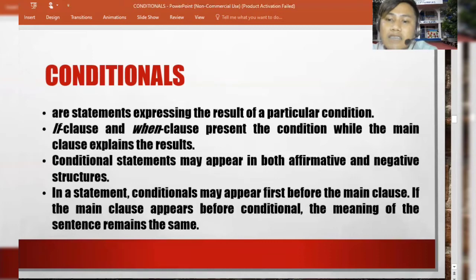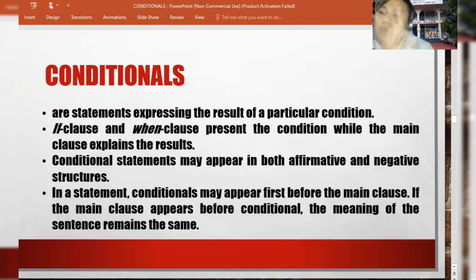Lastly, in a statement, conditionals may appear first, before the main clause. Always remember that the condition appears on the first part of our sentence before the main clause. But on the other hand, if the main clause appears before the conditional, the meaning of the sentence remains the same.